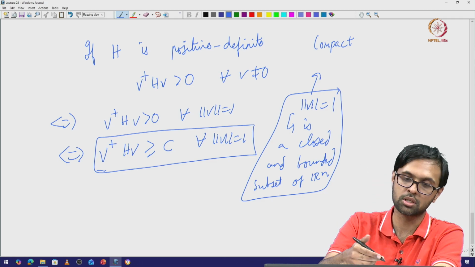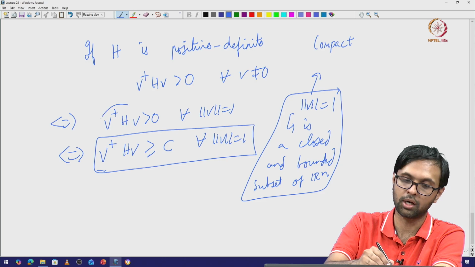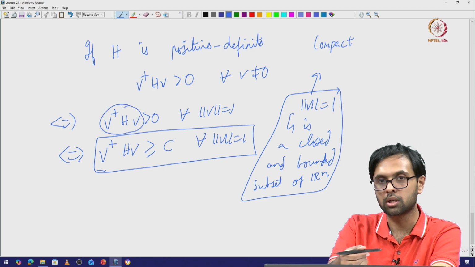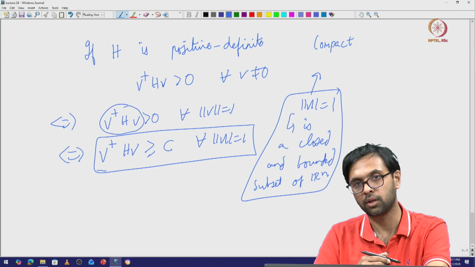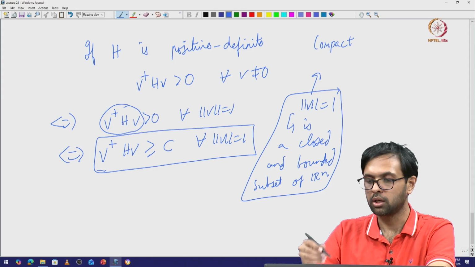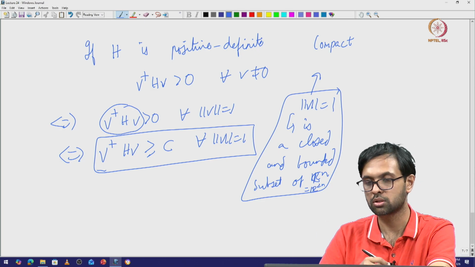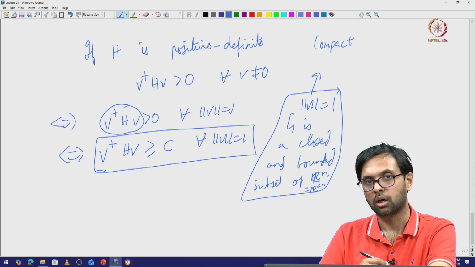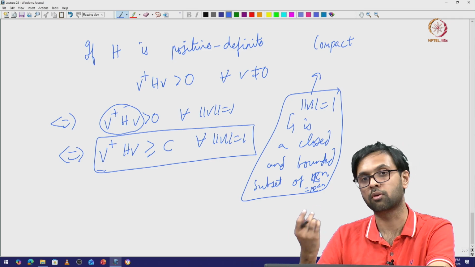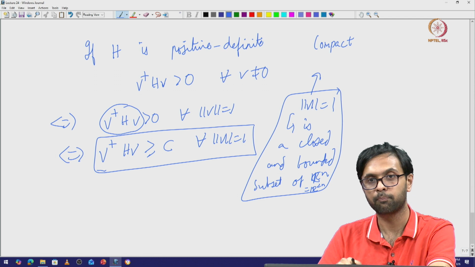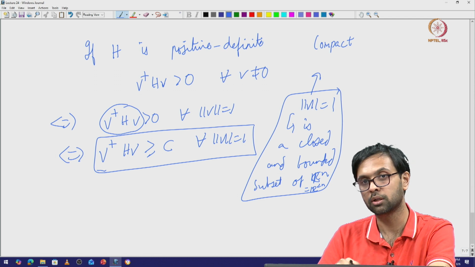This is a continuous function, right? Because it's a polynomial in the entries of V. In this case, it's Cn, of course. Cn is the same as R2n. Okay, so that doesn't matter. This is a continuous function in terms of the real and imaginary parts of V. As you can easily check, it's a polynomial.